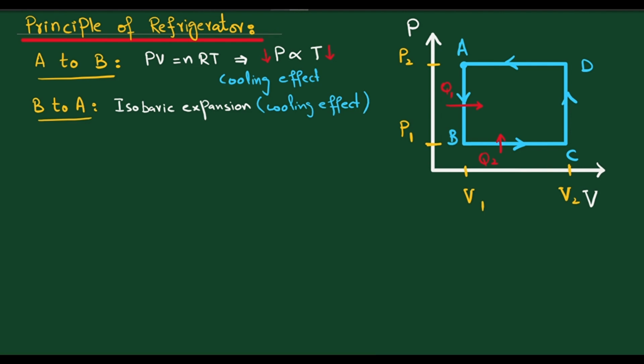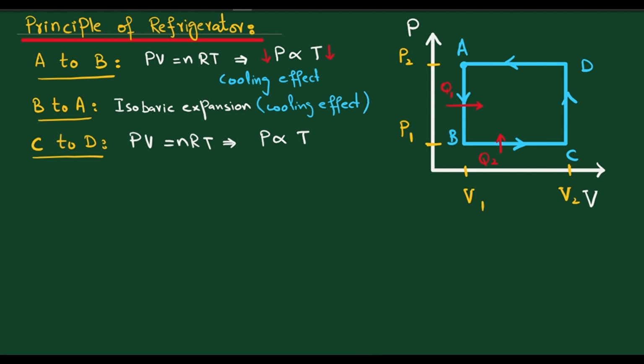Now consider C to D. From C to D is also an isochoric process. The volume remains constant but pressure increases. If we increase the pressure, according to the ideal gas equation PV is equal to nRT, the temperature will also increase, since pressure is directly proportional to temperature.